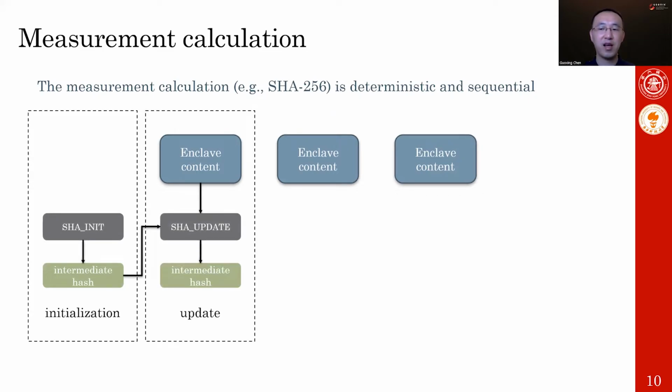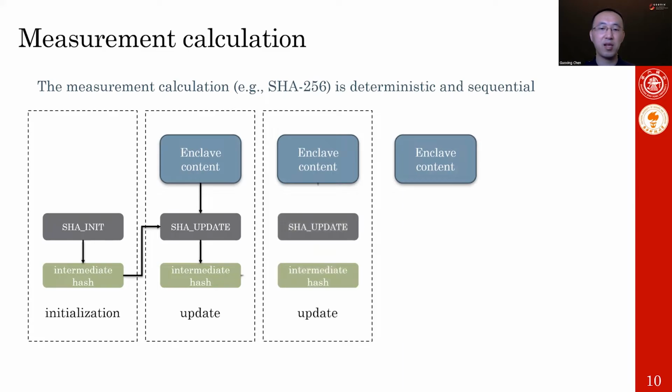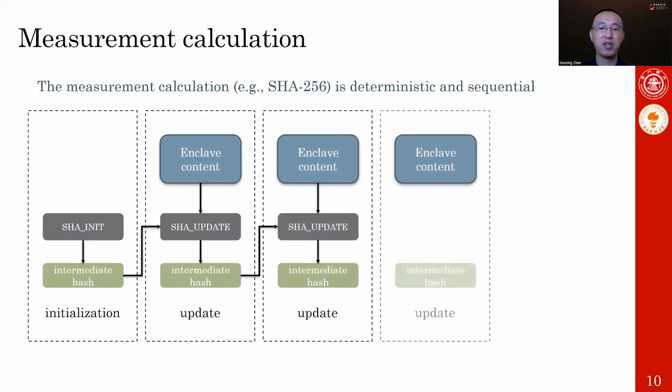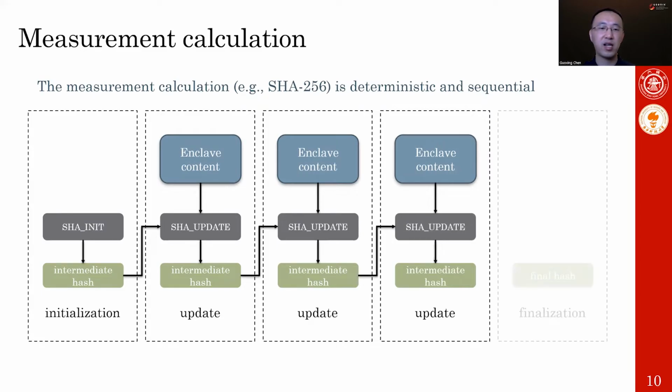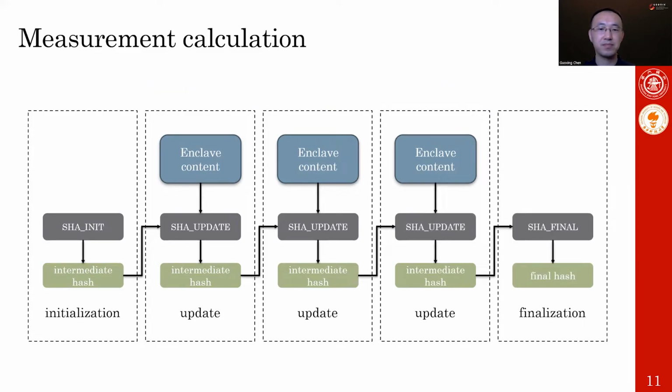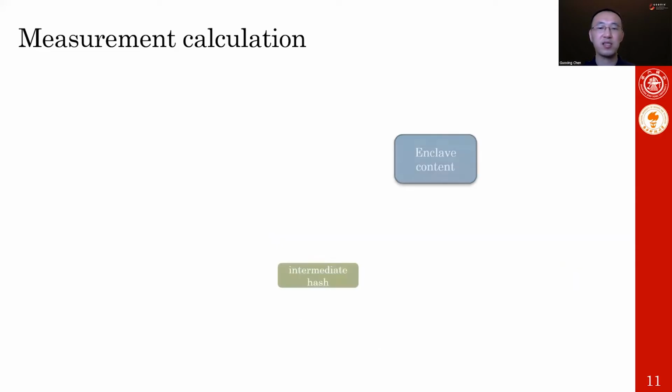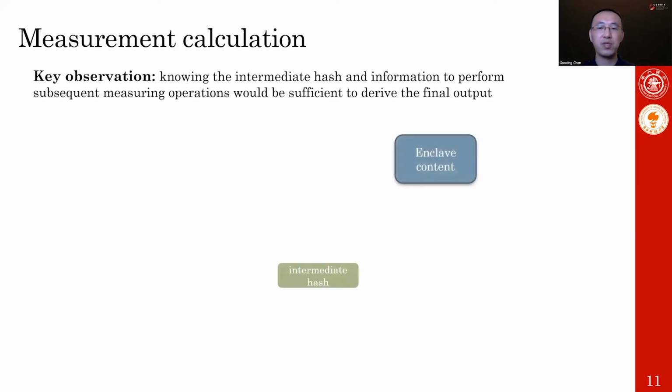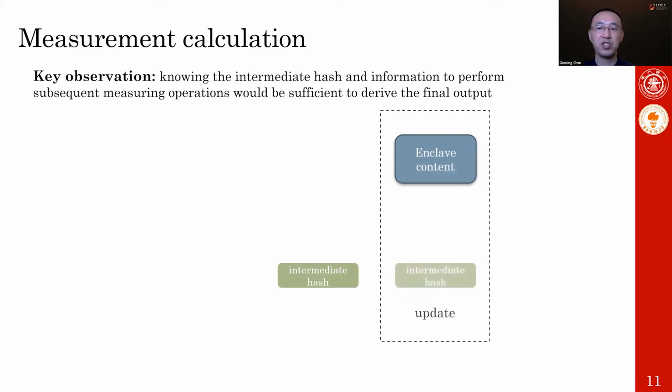After updating the last block, a finalization function outputs the final hash, which is the enclave measurement. A key observation here is that if we know the intermediate hash and the information to perform specific measuring operations, it would be sufficient to derive the final output.